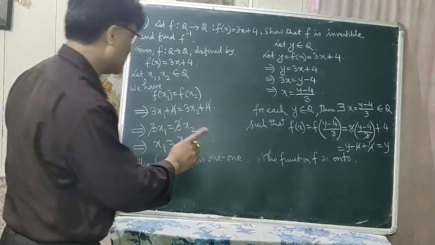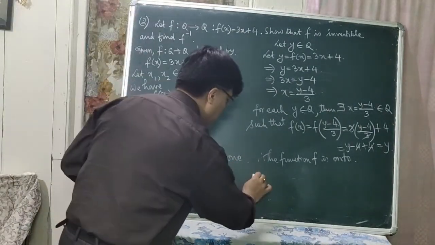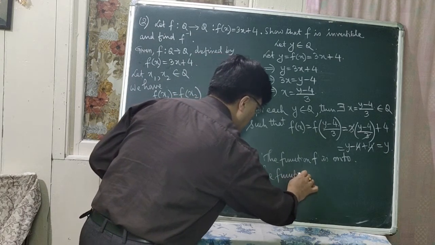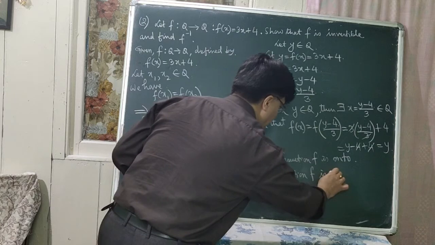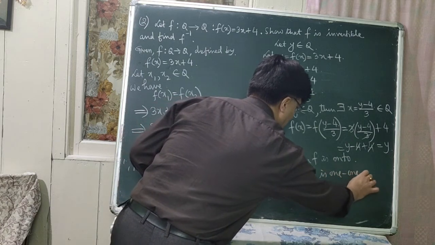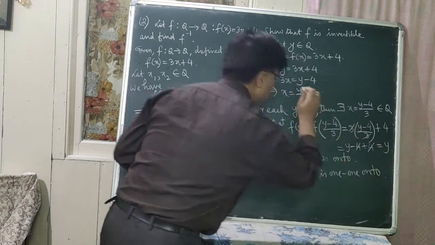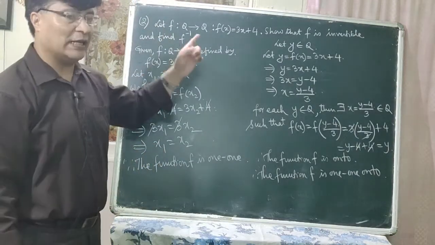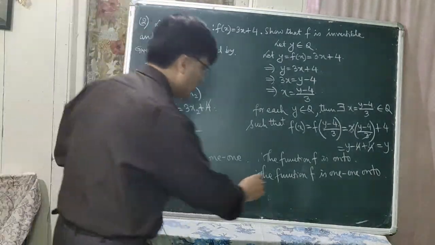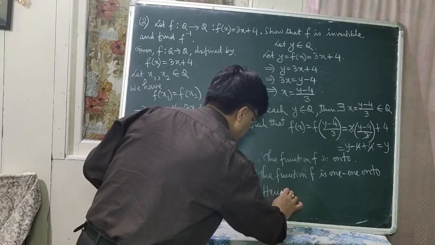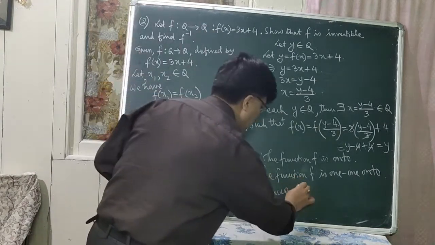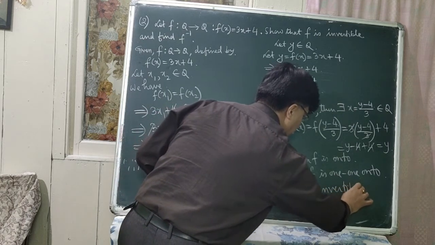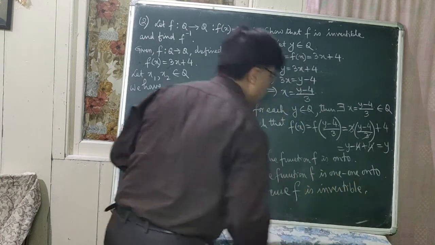So therefore the function f is one-one onto. So if the function f is one-one onto, then you can write down that f is invertible. Hence f is invertible.